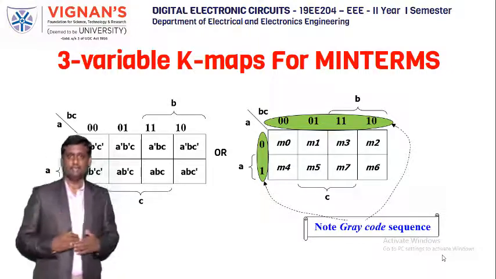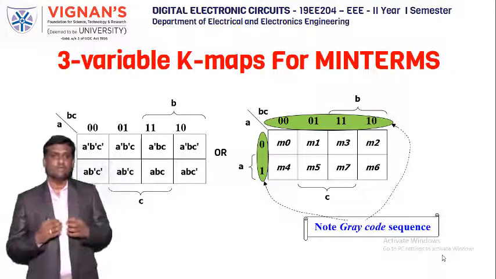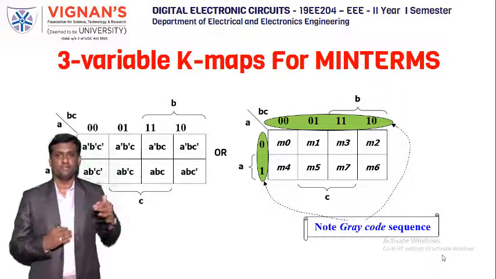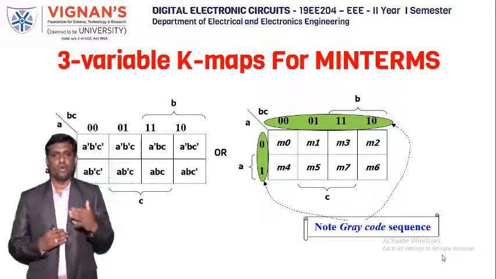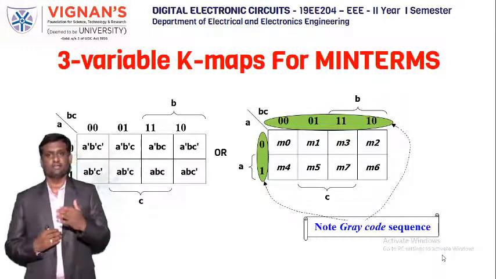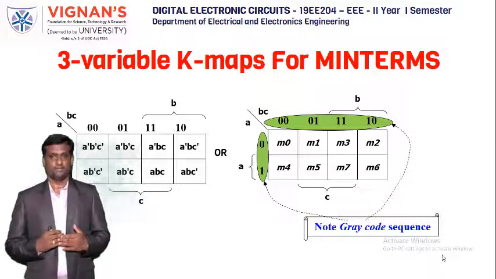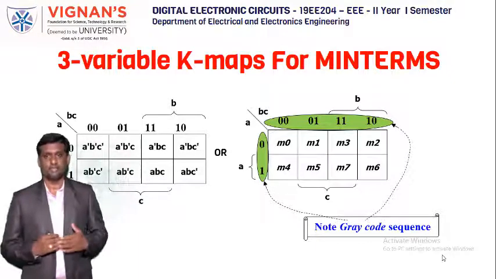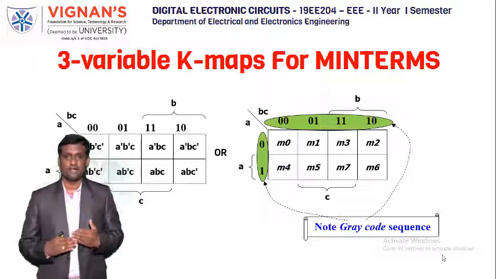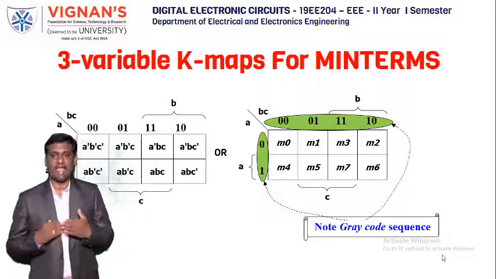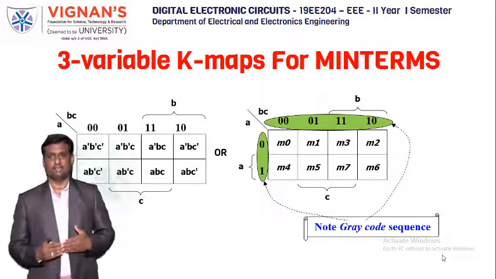So each cell value in the 3 variable K-map is: the first column has 0, 1, 3, 2, and the second column has 4, 5, 7, 6. Like that, the binary values are converted into decimals, and those decimal values are assigned to each cell.